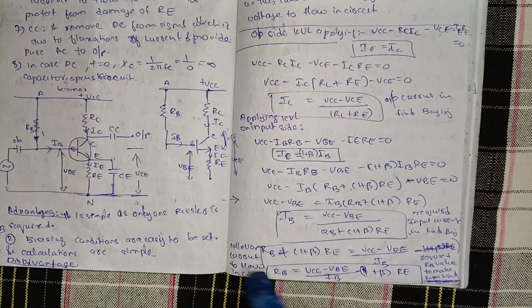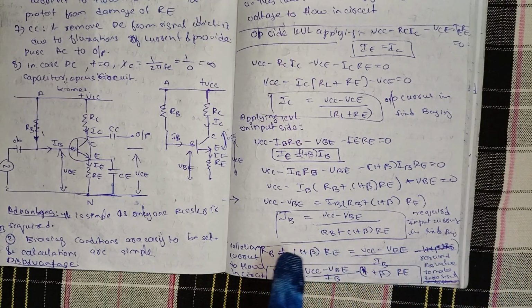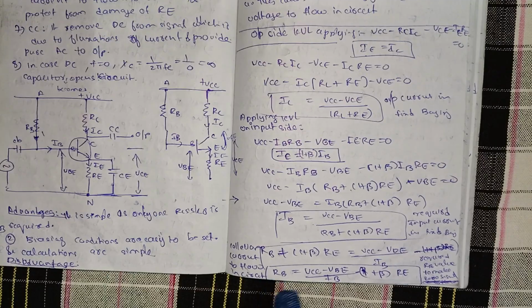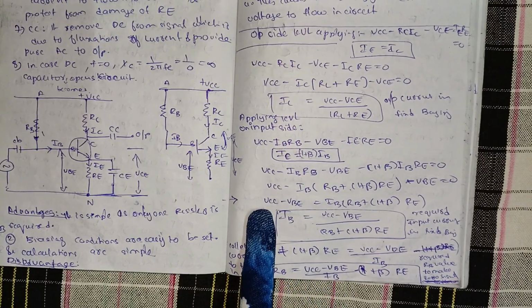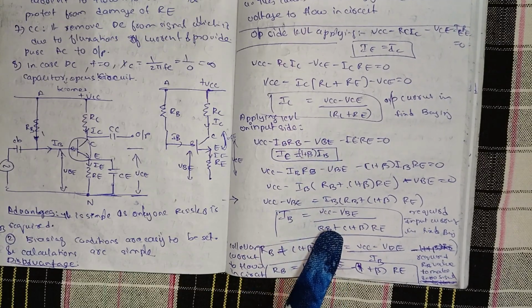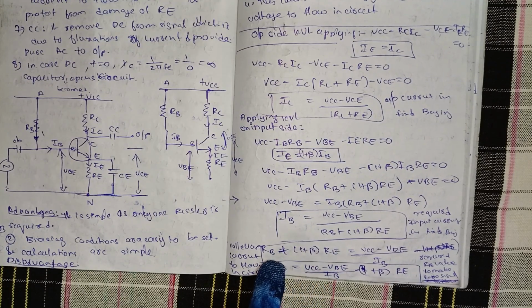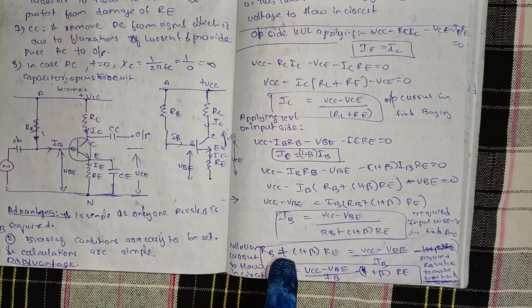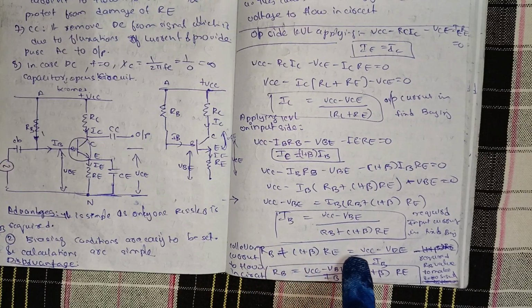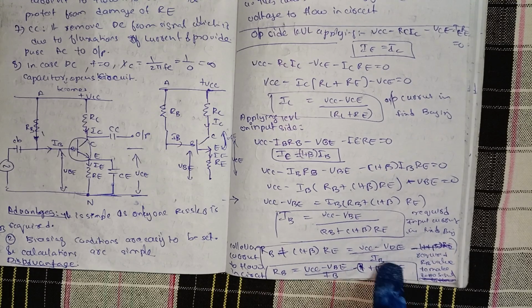Then we can write this equation for RB also. If we take the left hand side denominator to the right, it becomes RB plus 1 plus beta RE is equal to VCC minus VBE by IB.